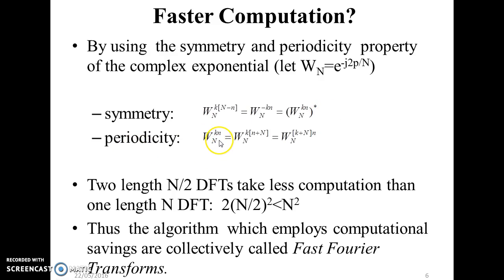Periodicity: WN raised to kn equal to WN raised to k(n plus N) equal to WN raised to (k plus N) n. That is, 2 length N by 2 DFTs take less computation than 1 length N DFT. That is, 2 (N by 2) square is less than N square. Thus, the algorithms which employ computational savings are collectively called fast Fourier transforms.